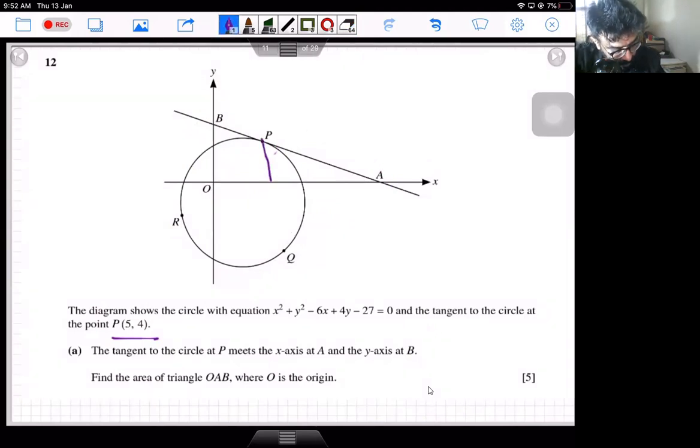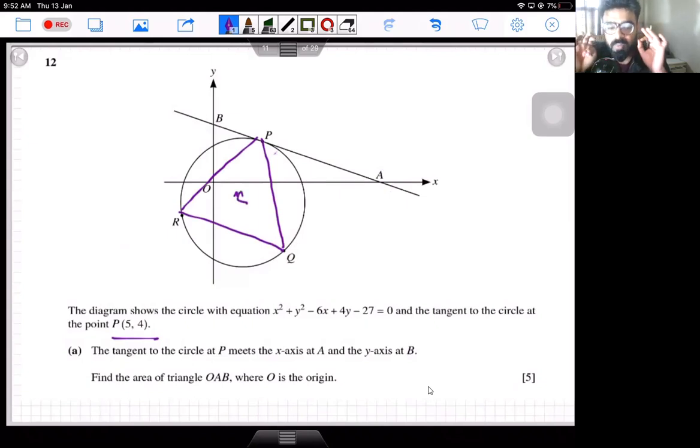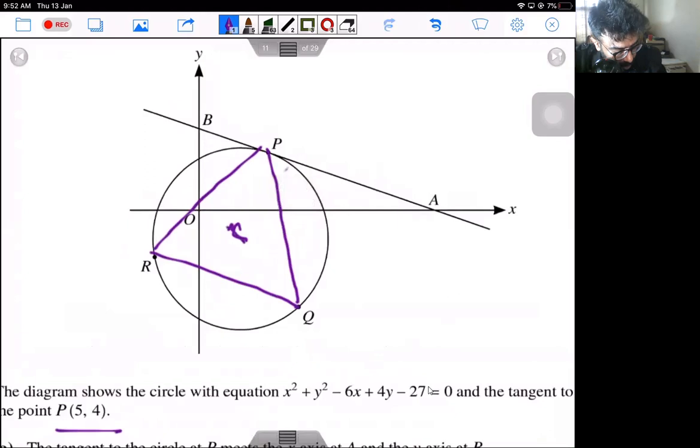And this was the center of the circle, 3 comma negative 2, which was point C. Now the fact is that the radius of the circle is under root 40. So this CQ length is also under root 40 and this CR length is also under root 40.